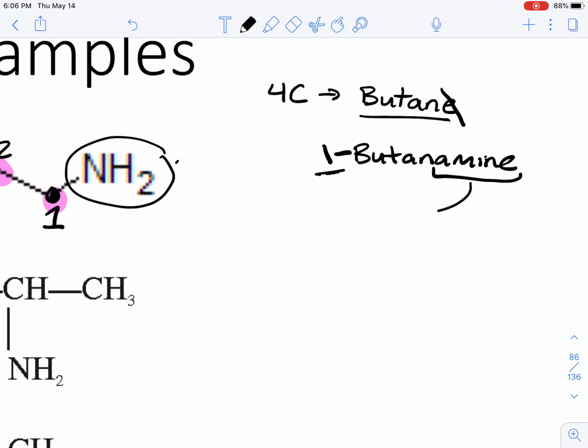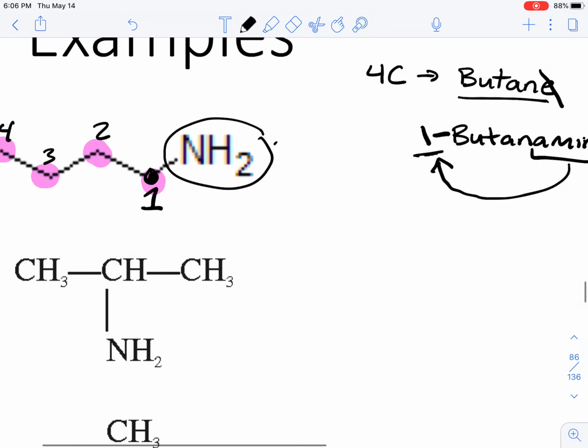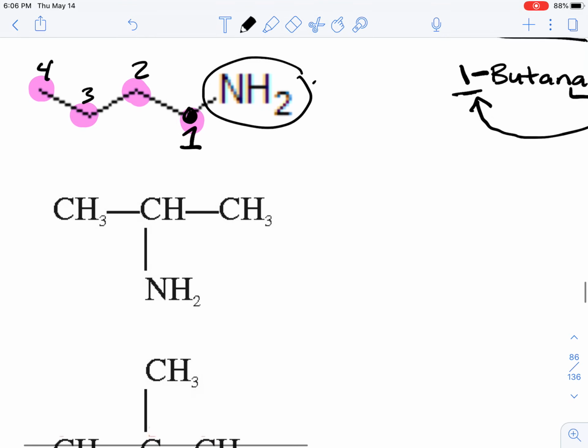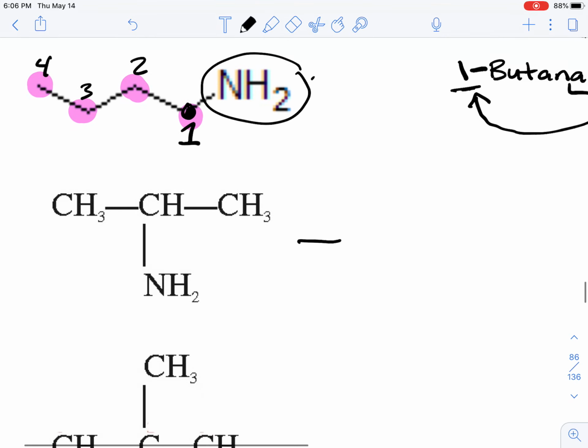So the final name of this organic compound is going to be 1-butanamine. Okay, and we're done. So let's take a look at another example.